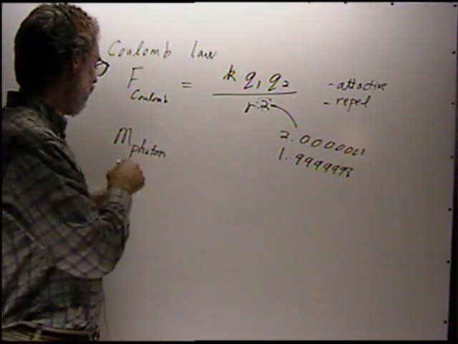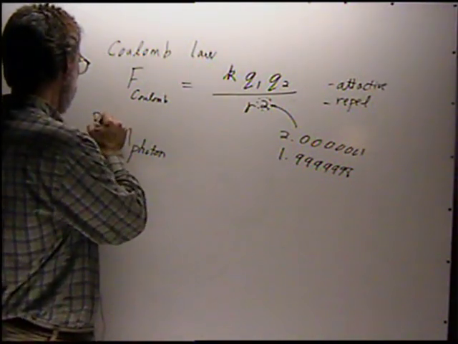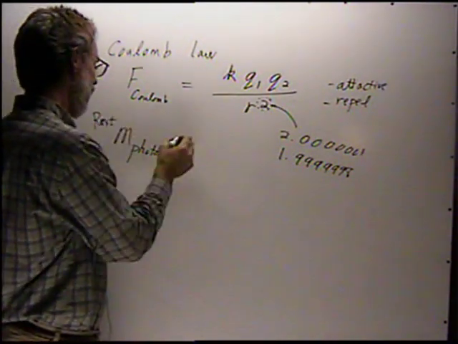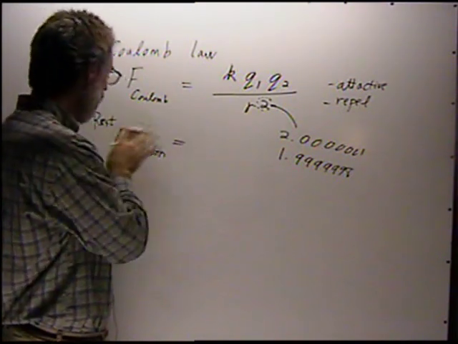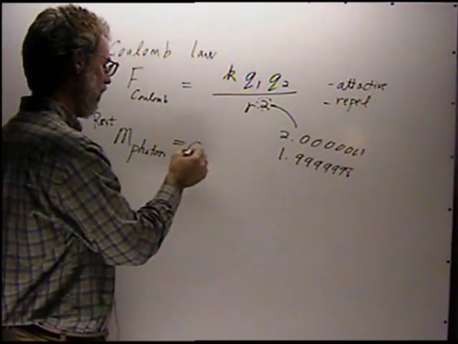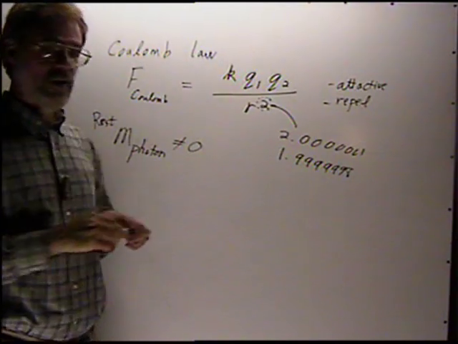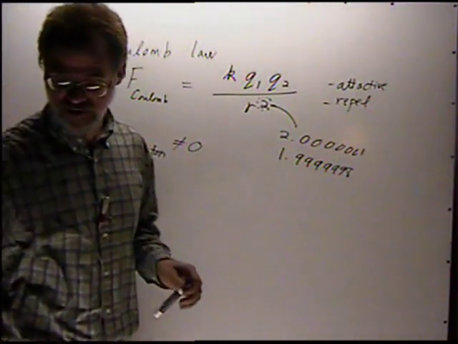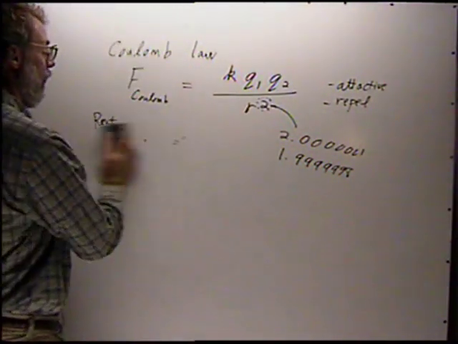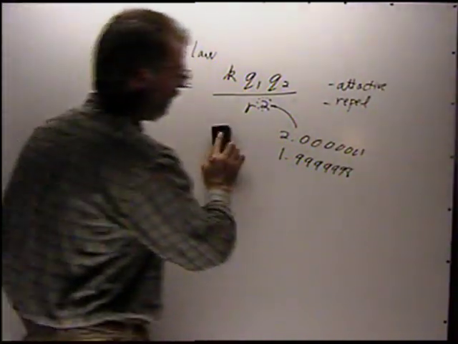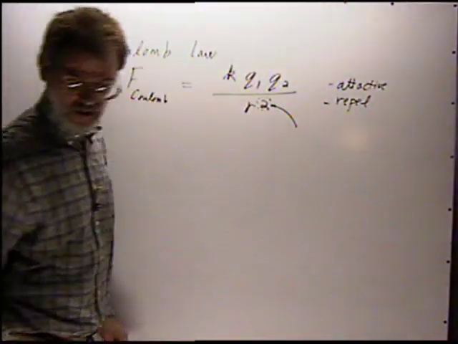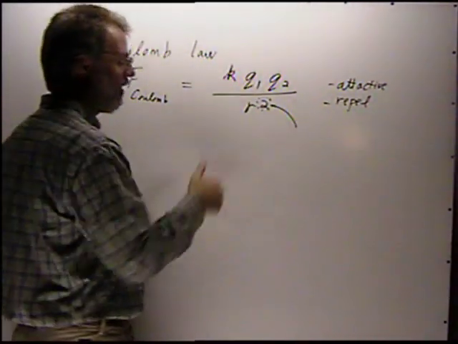It would mean that the rest mass of a photon, well, right now we know the rest mass of a photon is 0. It would mean that it's not 0. It would have profound implications for all of physics. And believe me, this has been experimentally verified to a very high degree.